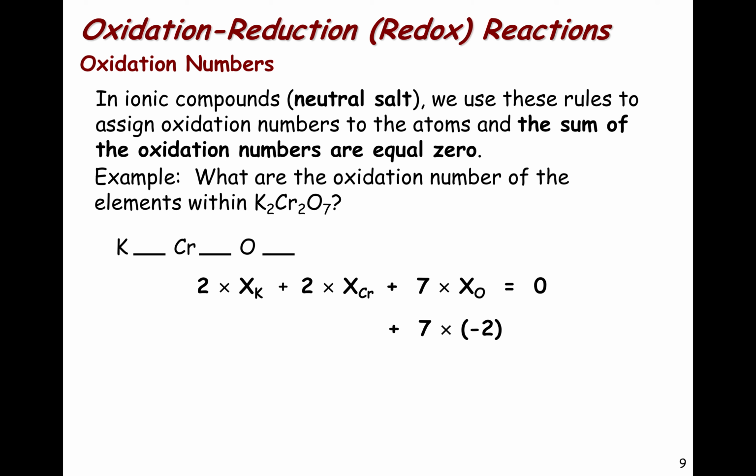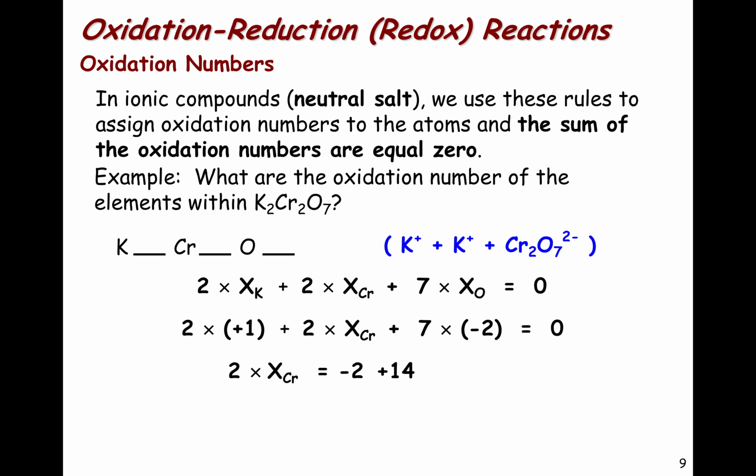In this particular case, then, the oxygen is most likely -2, as we've been doing all along here. But also we have a situation where the potassium is more than likely a +1, so 2 times the +1. And then that leaves us with only one variable to solve for in this equation.